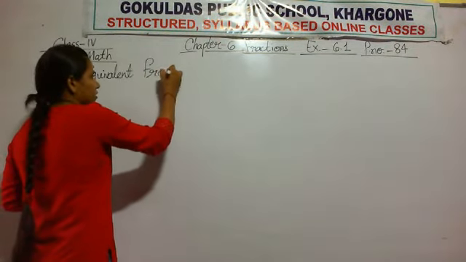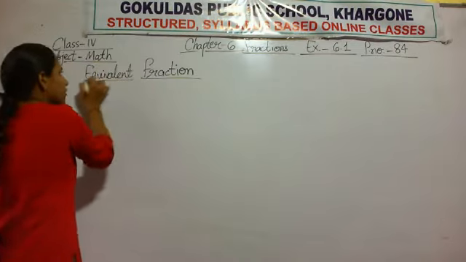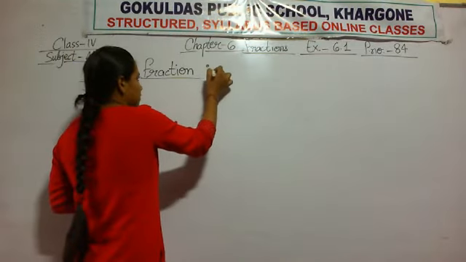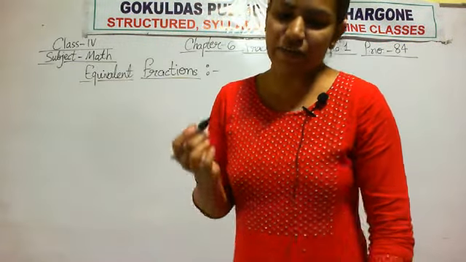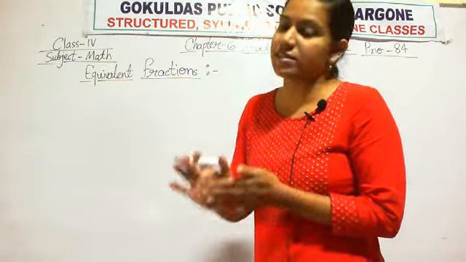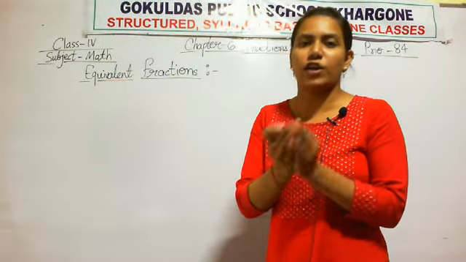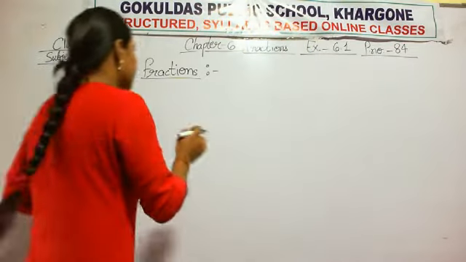Those fractions which are equal are known as equivalent fractions. Equivalent fractions are fractions that have different numerators and denominators, but their values are the same.